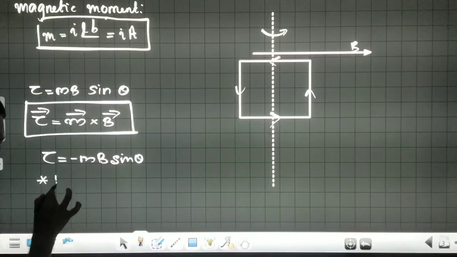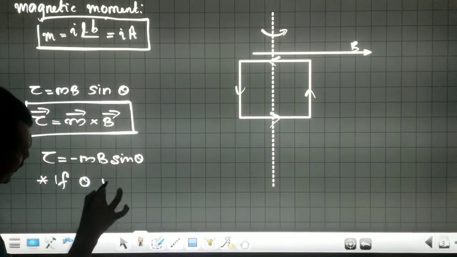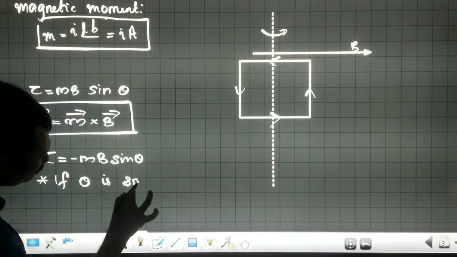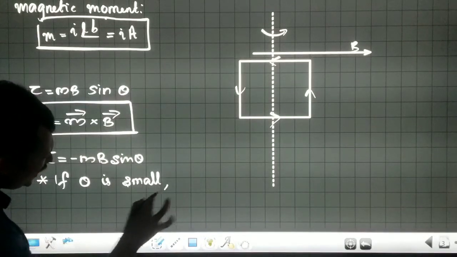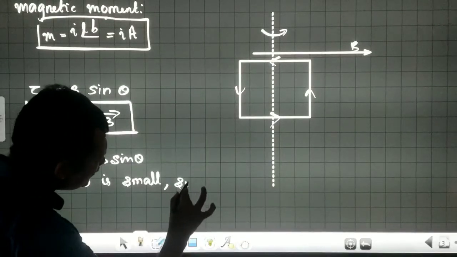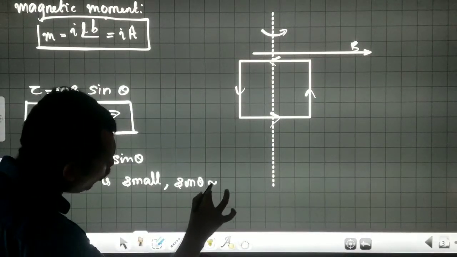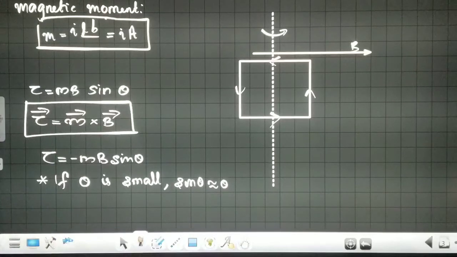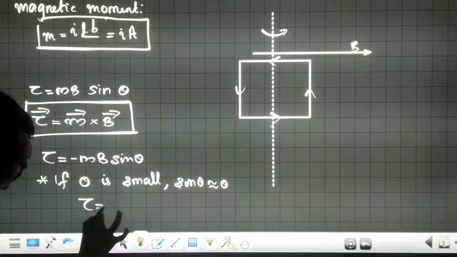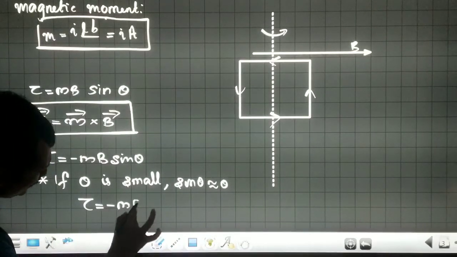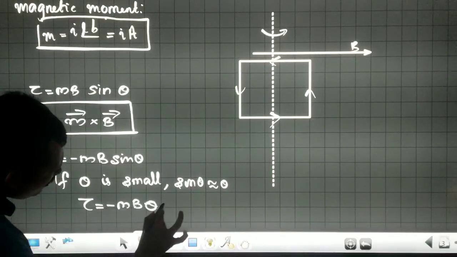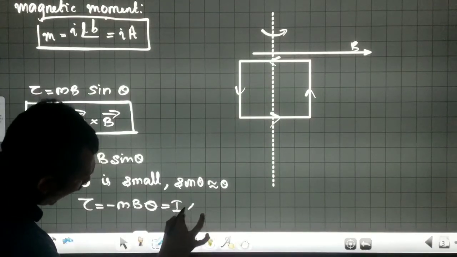Now take a situation where theta is small, so sin theta is approximately theta. In that situation, tau is equal to minus MB theta, which is equal to I alpha.